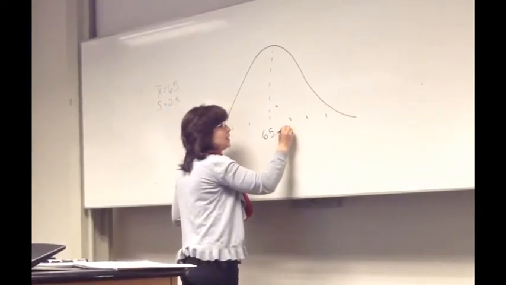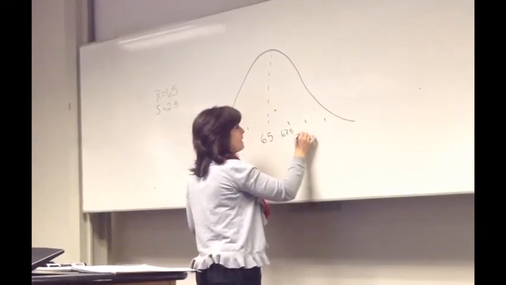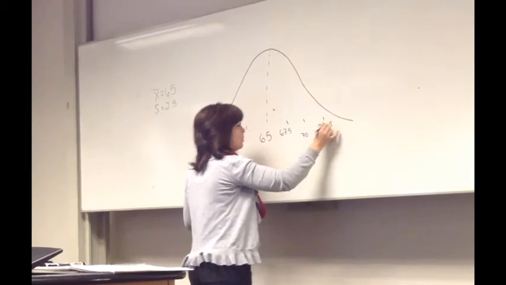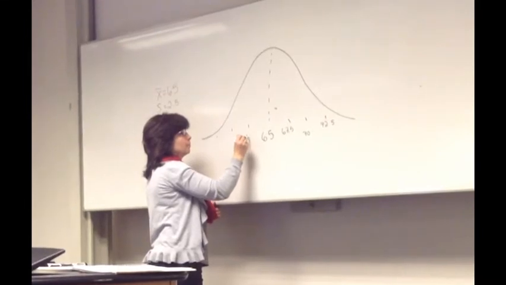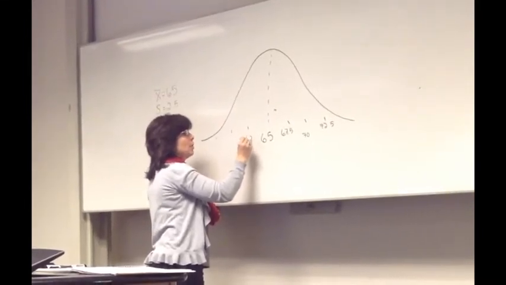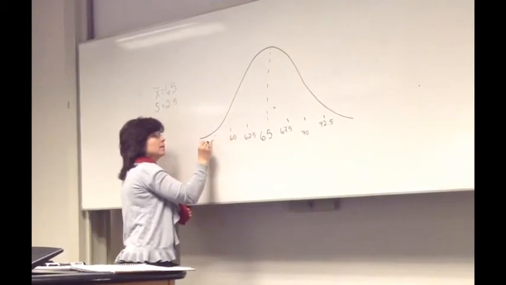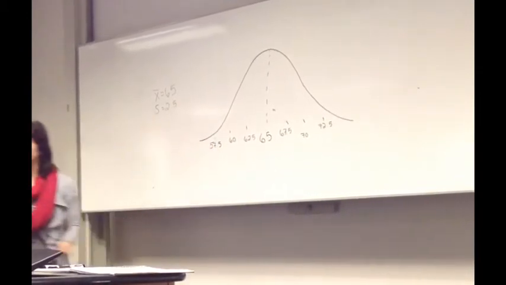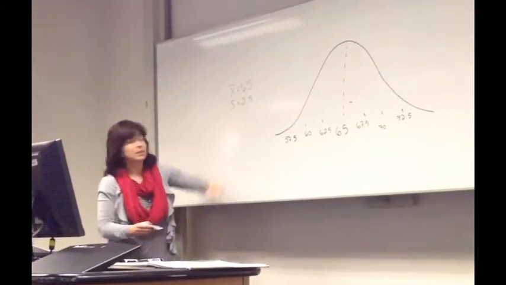So I have 67.5, and then I have 70, and then 72.5. This way, what do I have? 62.5, and then 60, and then 57.5. So there's my entire normal distribution based on this data with an average of 65 and a standard deviation of 2.5.